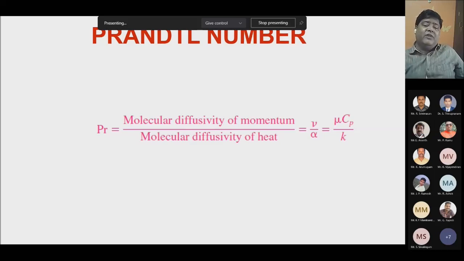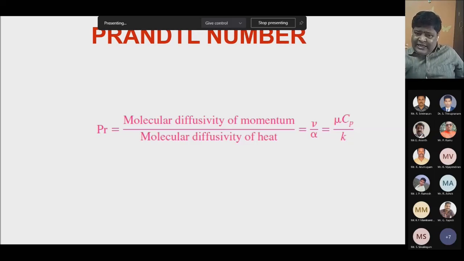What is the meaning here? 2000 equals the molecular diffusivity of momentum by the molecular diffusivity of heat. So momentum transfer is very high, and force is being transferred between adjacent layers. The Brownian motion, the diffusive motion of the molecules within the fluid, is transferring more force, so it is not allowing the fluid to move forward.